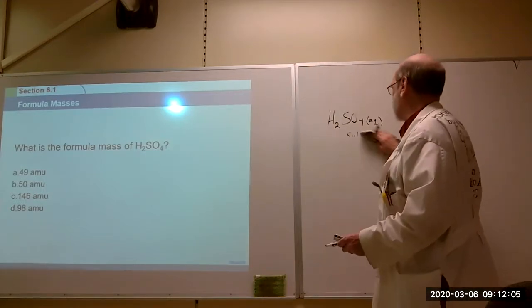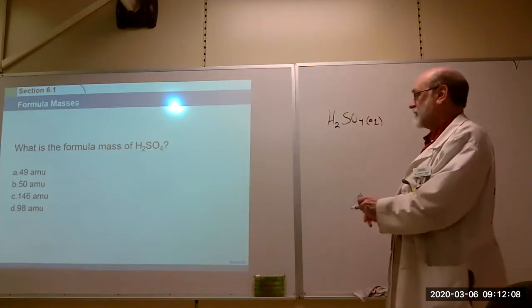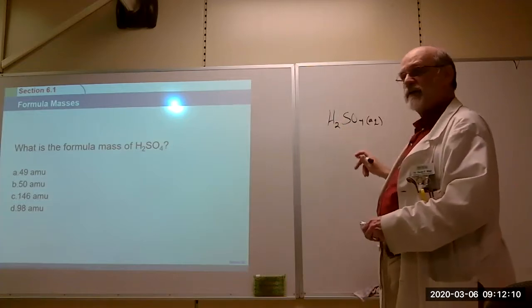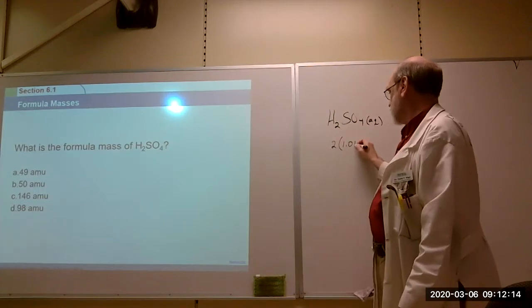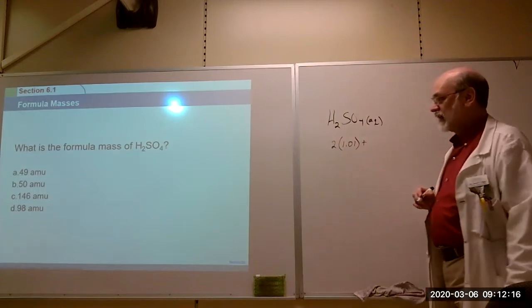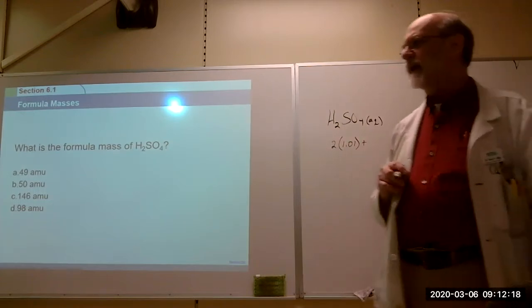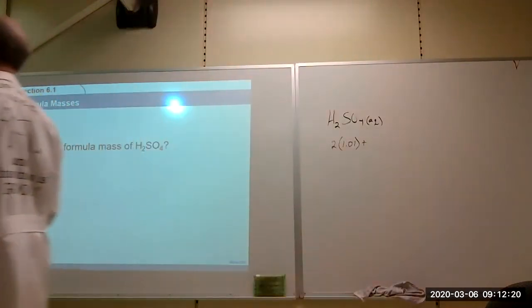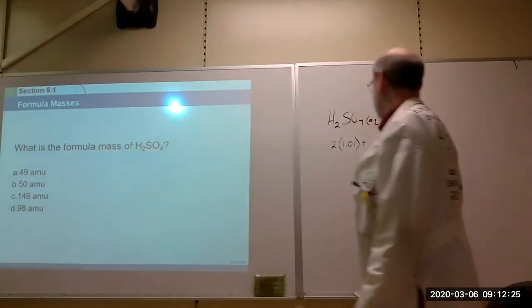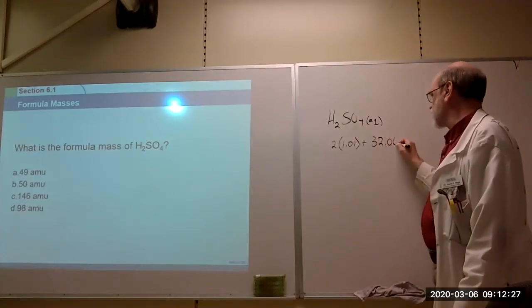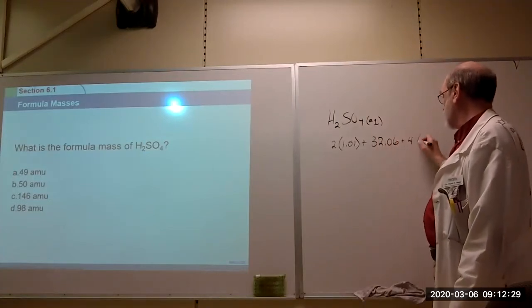What's the formula mass for this one? So you need 2 hydrogens, right? And each one is that. Then you need a sulfur, and can I see that far? 32.06. Thank you. 32.06, and then 4 oxygens.